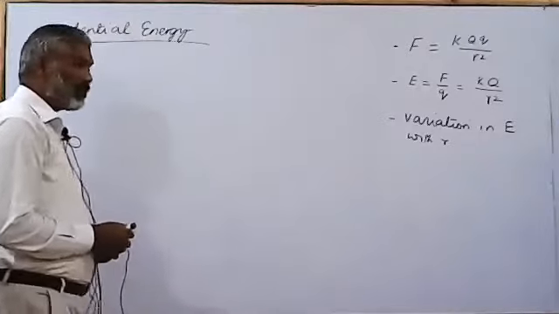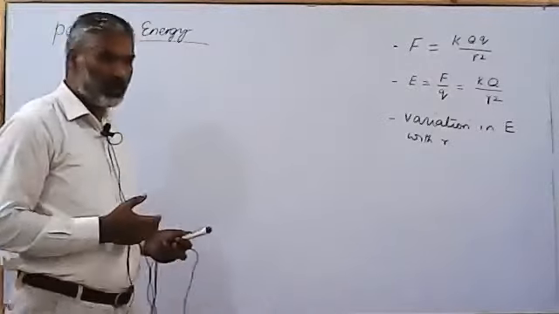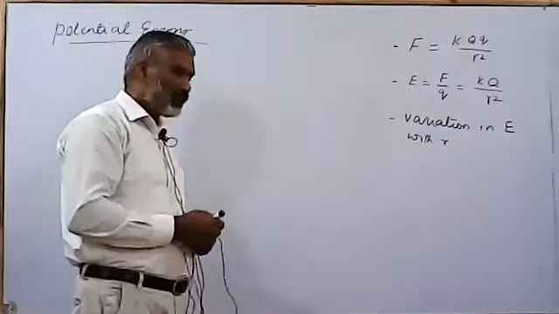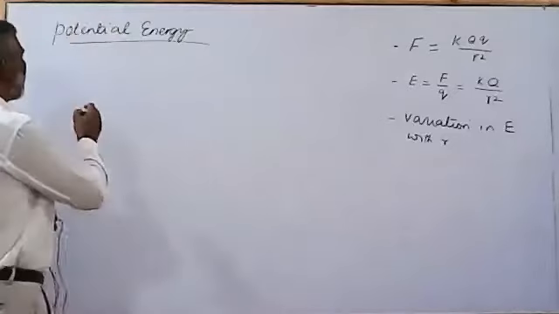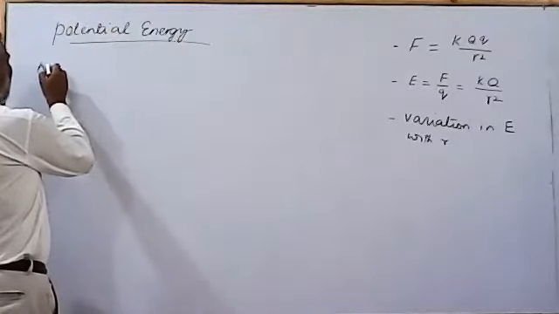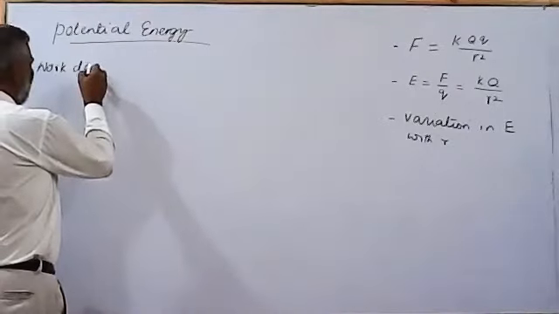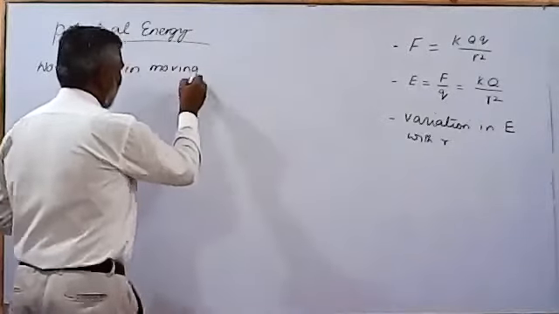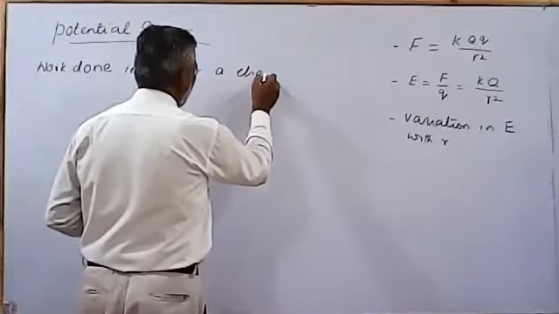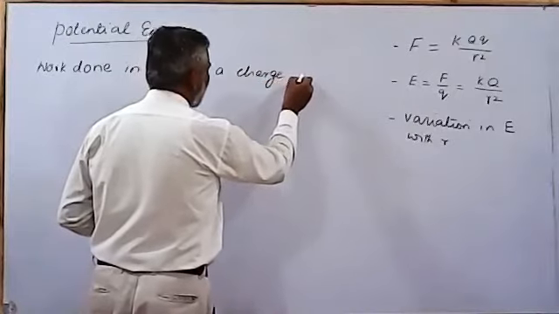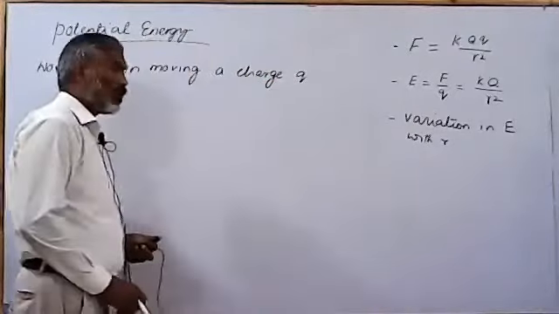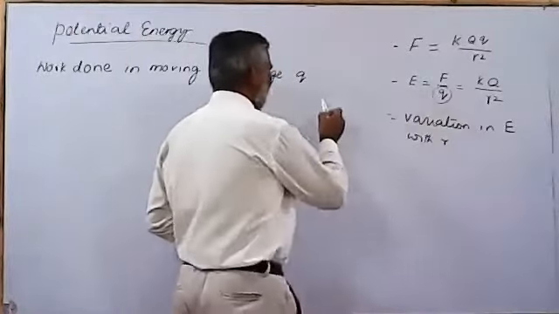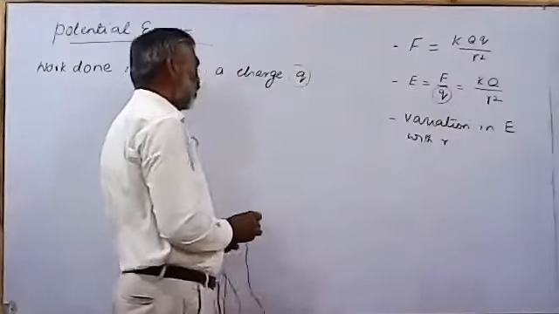Potential energy is the work that we have to do in order to move a charge from infinity to a certain point, to bring it into an electric field. So this is the work done in moving a charge. It could be charge Q, and usually it is small q, just like this small q is placed here. In this definition, we also use small q.